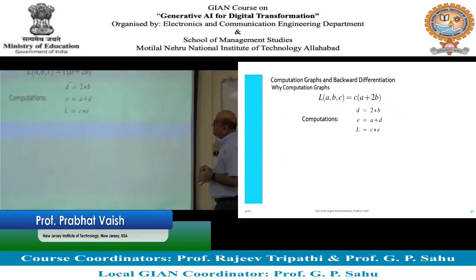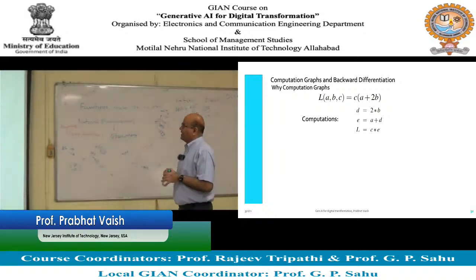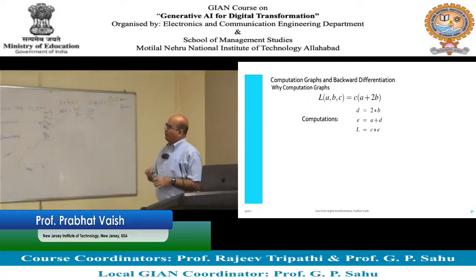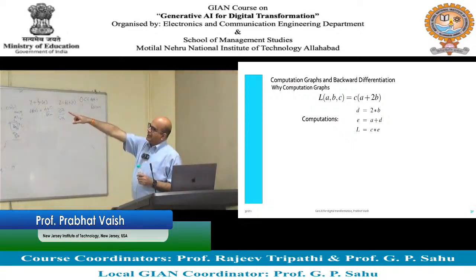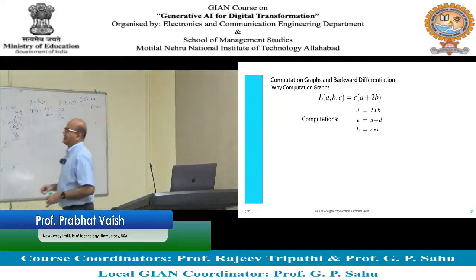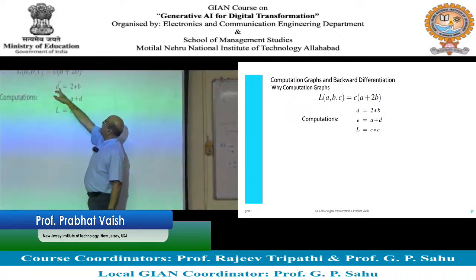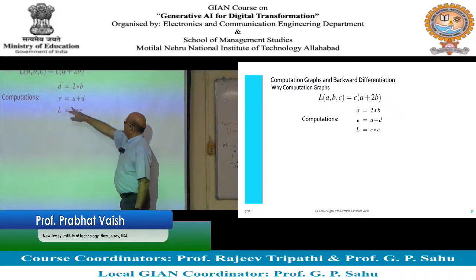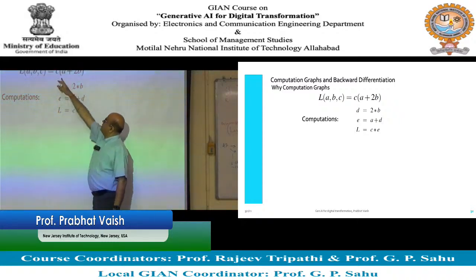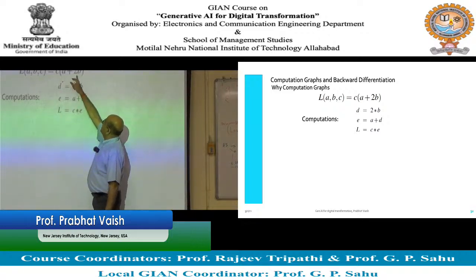So, what are these functions here? If you are looking at C multiplied by A plus 2B, underlying calculations are this one, 2 multiplied by B, let's call it D, then A plus D, which we call E, and then C multiplied by E. So this whole thing is E, this is D, right?